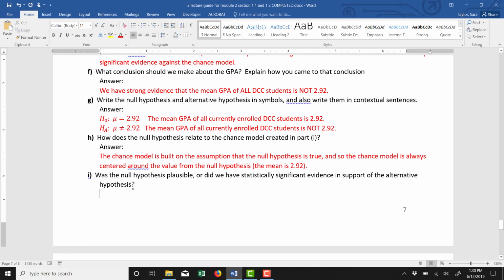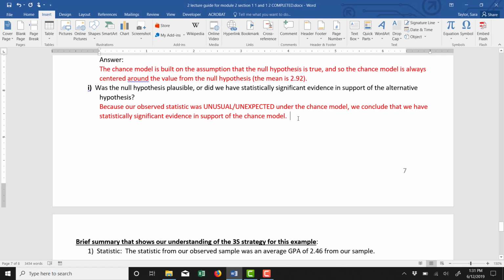Because our statistic was unexpected, unusual under the chance model, we conclude that we have statistically significant evidence in support of the alternative hypothesis. In other words, in context, we have statistically significant evidence that the mean GPA of all currently enrolled DCC students is not 2.92.